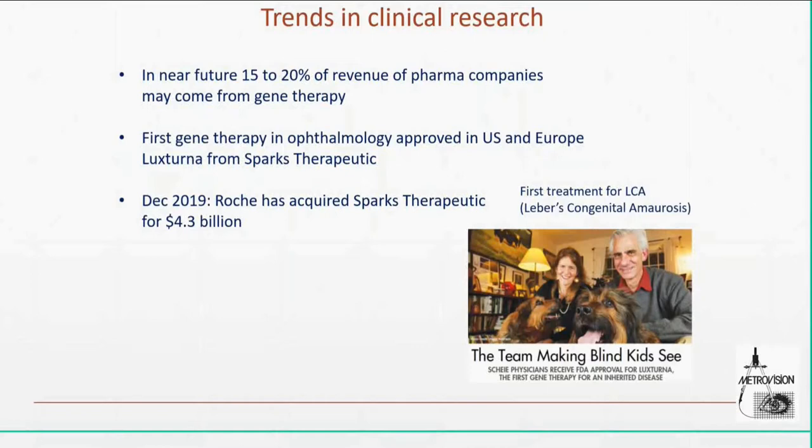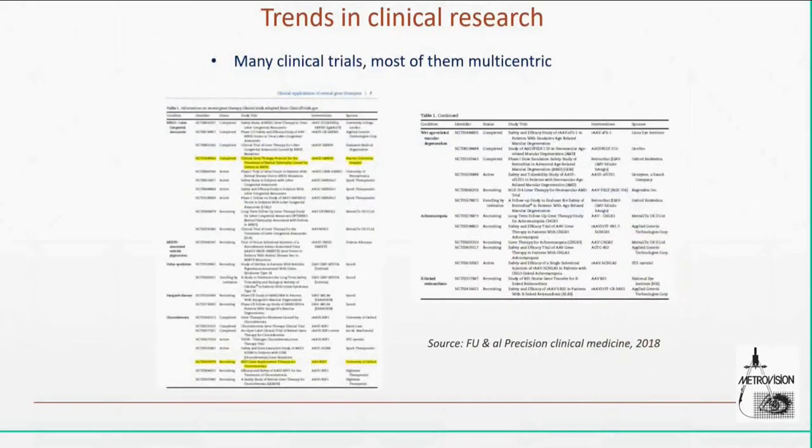And as you know, Roche has acquired Spark Therapeutics for a lot of money. So that means there is a lot of money for research. Maybe we have to wait a little bit because of the virus crisis, but it will come again, of course. We hope, at least. As you can see, there are many clinical trials underway, most of them multicentric and involving different types of equipment, as we will see later.